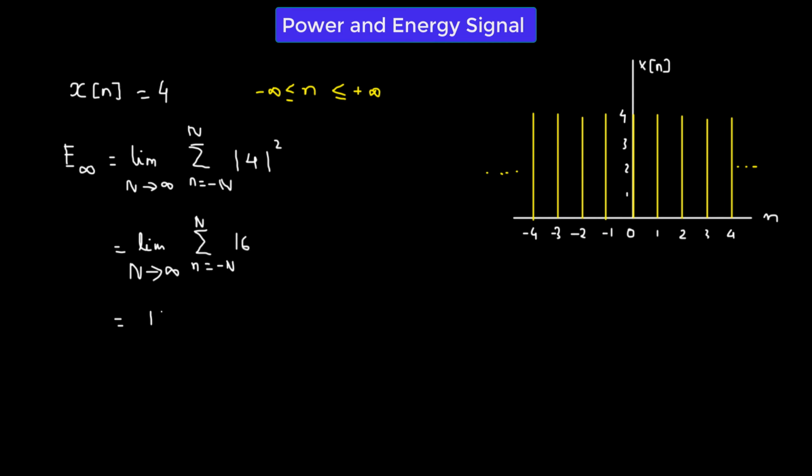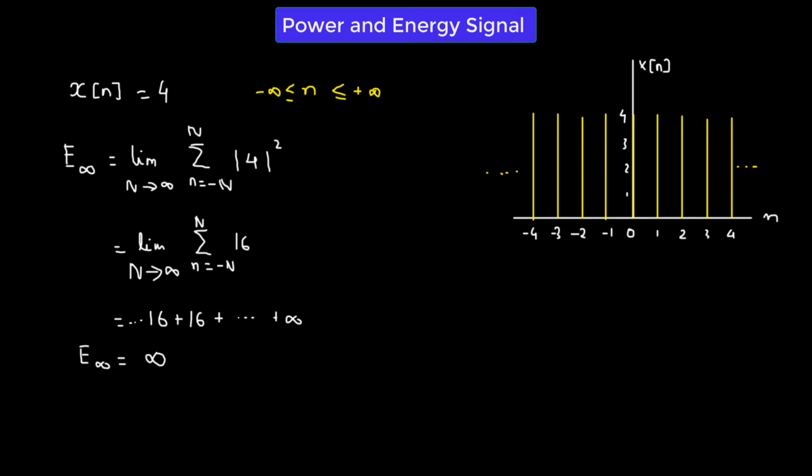This simply means that we are adding 16 to 16 an infinite number of terms, both in the positive infinite direction as well as in the negative infinite direction. So the addition of this is going to give us an infinite value for the energy of the signal.